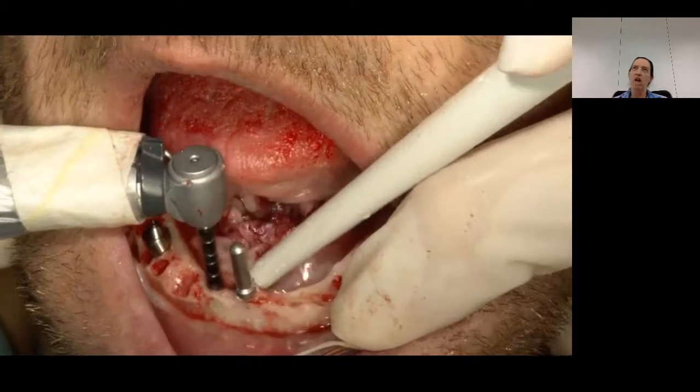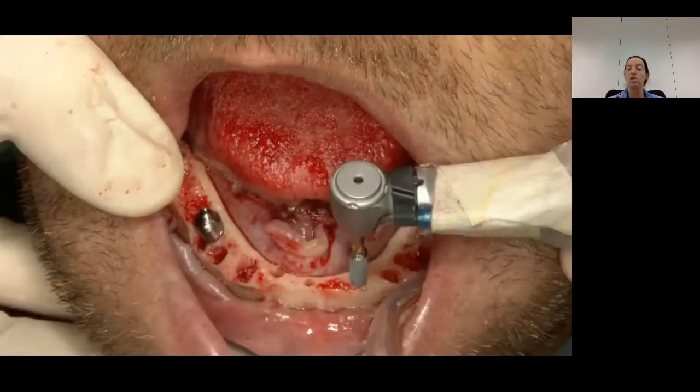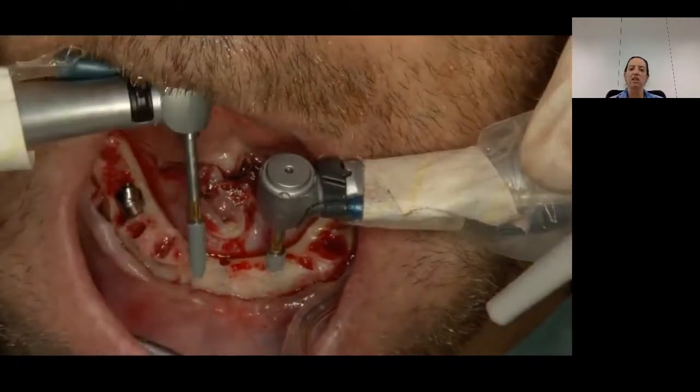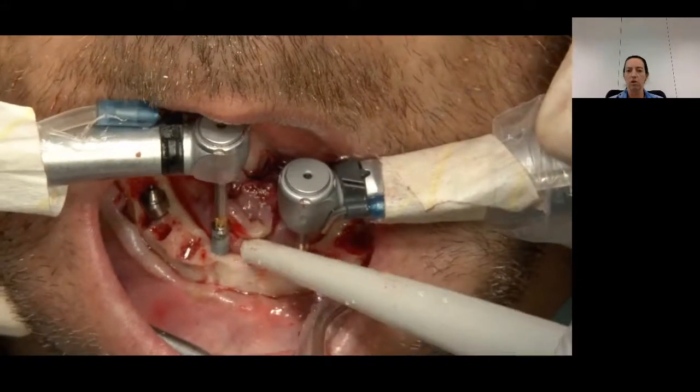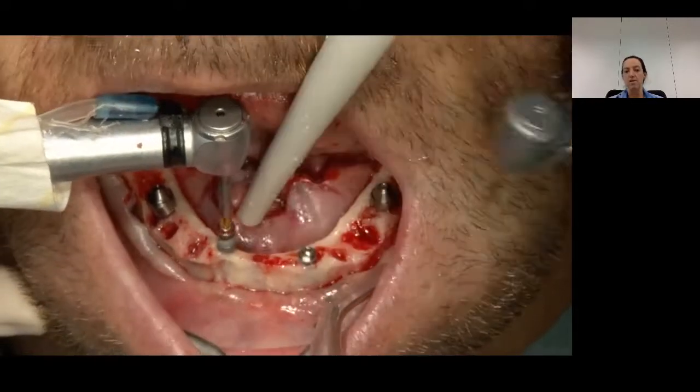So if we have a prosthesis prepared before the surgery, which we actually try to have, I would say that more or less at lunchtime the patient is already ready to go, which means that the patient is already with the prosthesis.